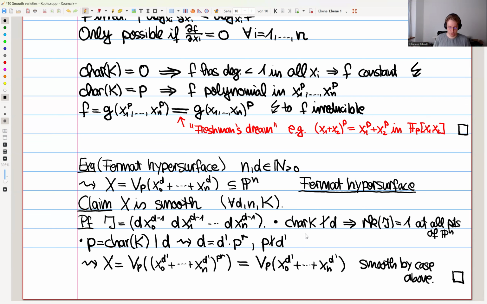So after pulling out this extra power, we have reduced to the case that we already checked, and so this finishes the proof. We see this Fermat hypersurface is indeed smooth. So this is everything about smooth varieties and the tangent spaces. And now in the next chapter, we are going to combine all of the different notions that we have seen so far and talk about the set of lines on a smooth cubic surface.